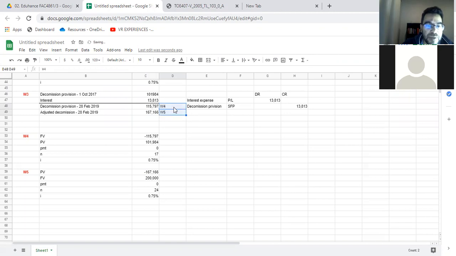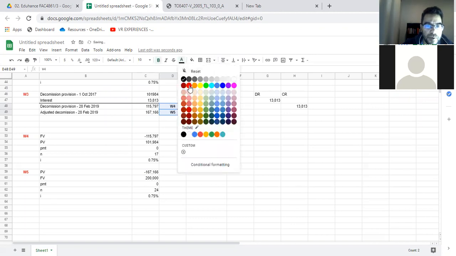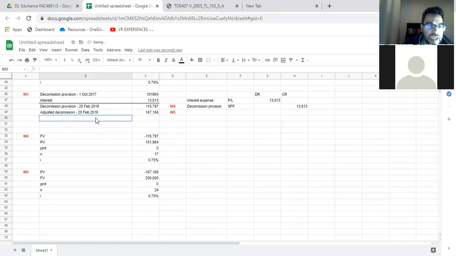The adjustment that needs to be processed is the difference between the two.